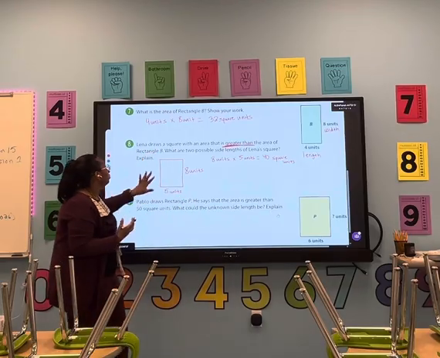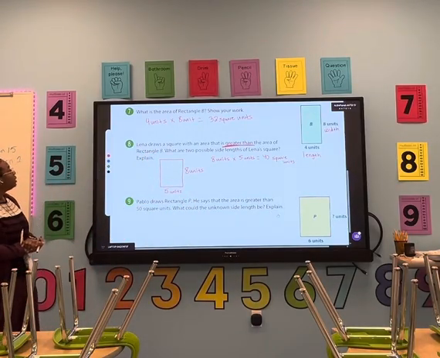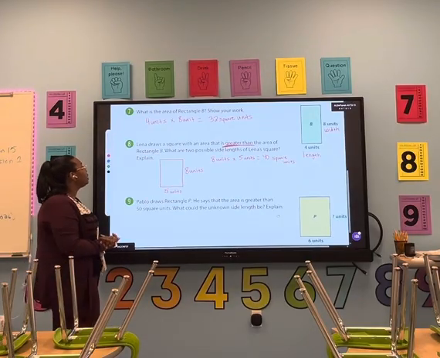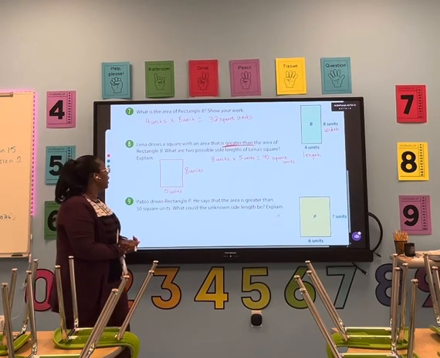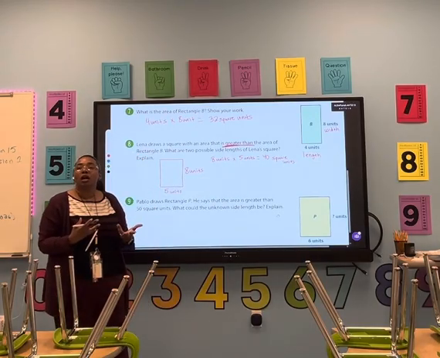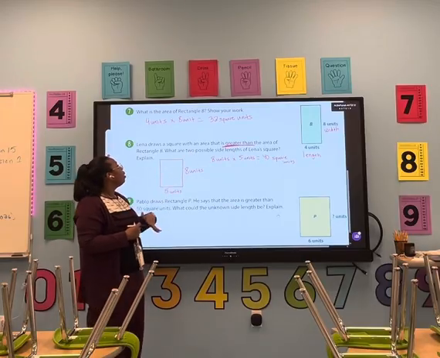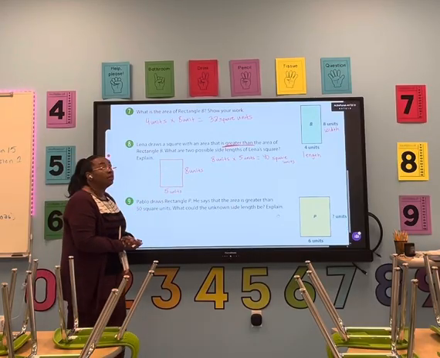So let's go back and reread our question to make sure we have answered our question. It says, what are 2 possible side lengths of Lena's square? Explain. So we did the explanation when we did our drawing, and now we're going to finish it off with the word sentence that is going to answer this question. What are 2 possible side lengths of Lena's square?